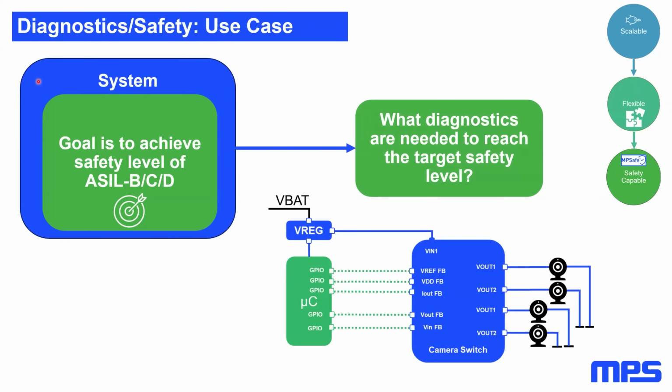Sometimes the clock, and if we have a digital or an analog interface, we would like to know that the information going in and back is also correct. We may also have some internal BIST, some internal diagnostics, just to help the system reach this ASIL in an easier way.